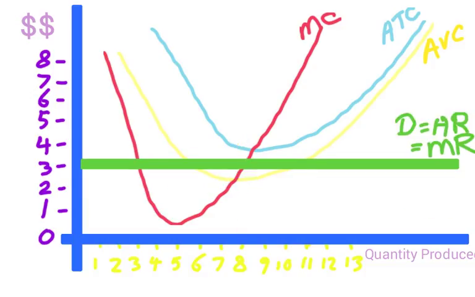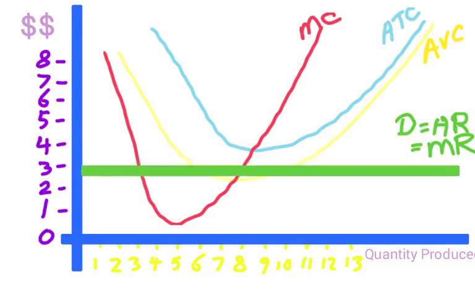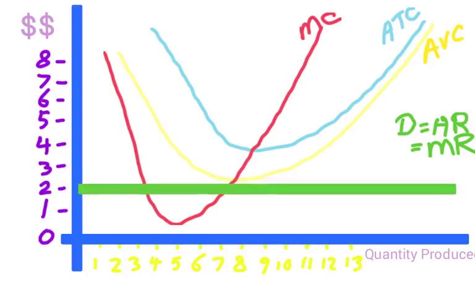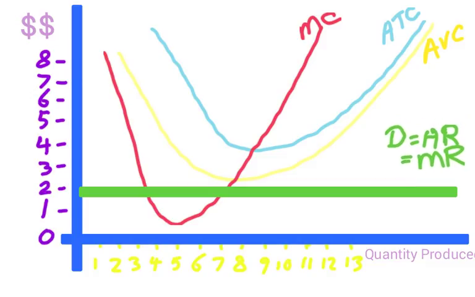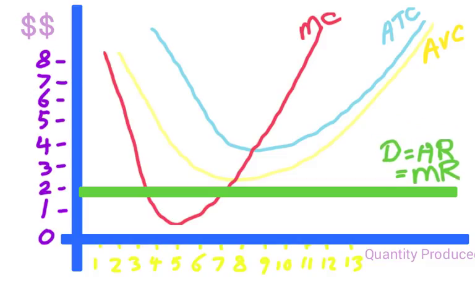Now, if the price had been even lower, so let's say if the price was around $2 or a little bit less than $2, we have a different situation here. So now we see that the price is actually below the average variable cost curve. If we used our profit maximizing rule, we would produce this quantity here.